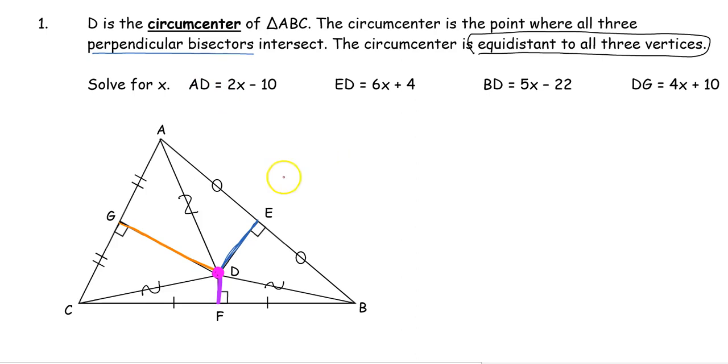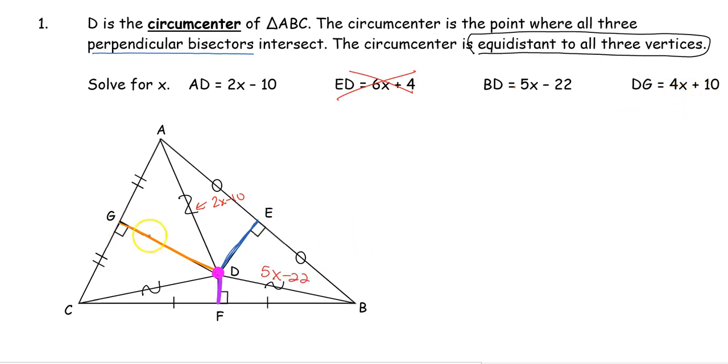So we have that AD, from A to D, this segment right here, is 2x minus 10. ED, well, we know what ED is, but ED is not congruent to anything, so I don't use ED. BD is congruent to AD, so we've got 5x minus 22.